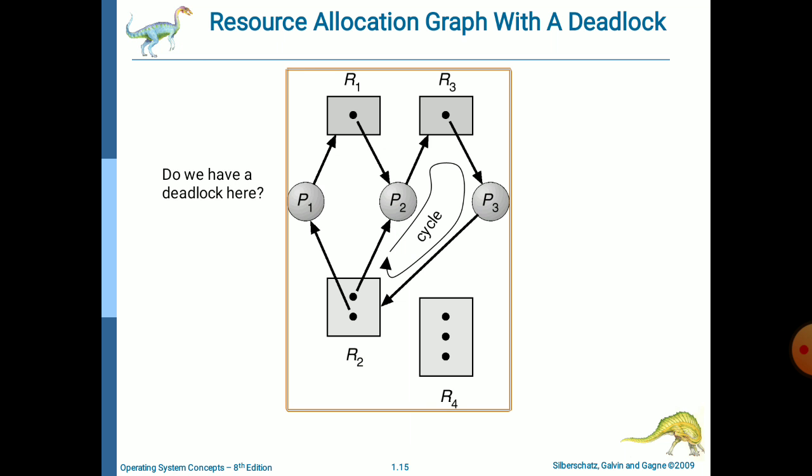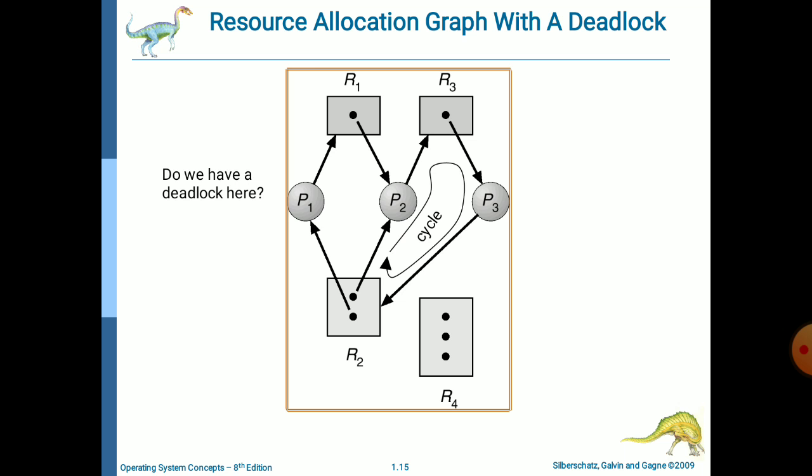Now observe that the same thing is depicted here. P1, P2, P3 are the processes. P1 is holding R2 and requesting R1. P2 is holding R1 and R2 instances and requesting R3, and P3 is holding R3 and requesting R2.